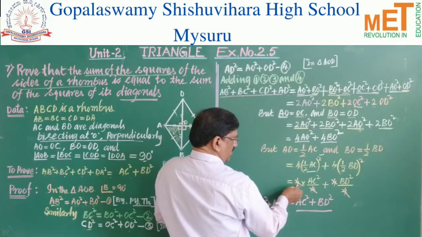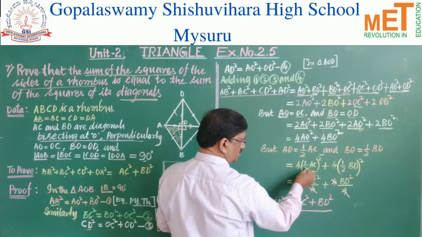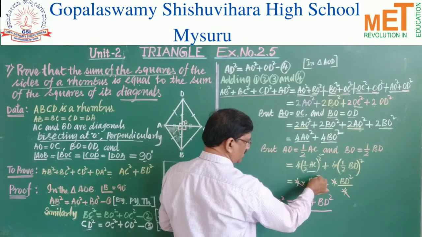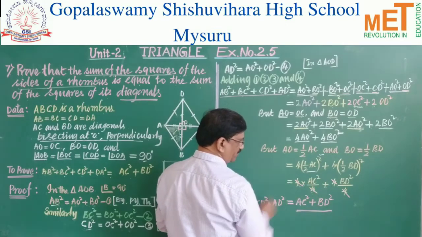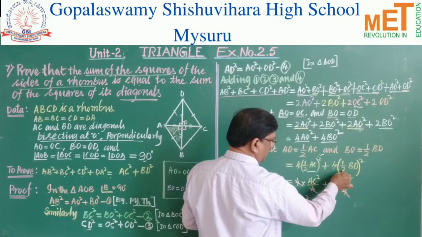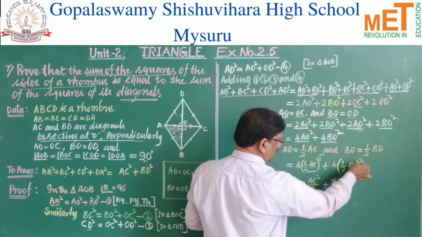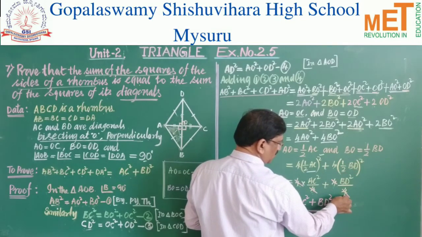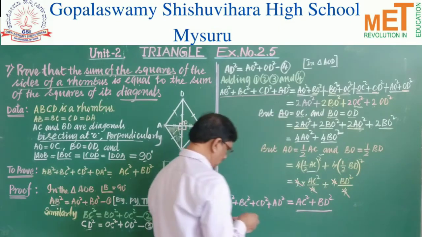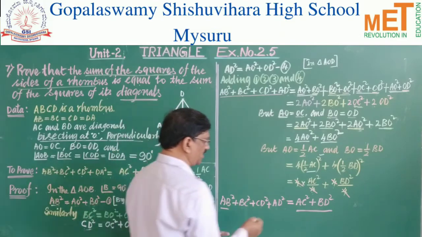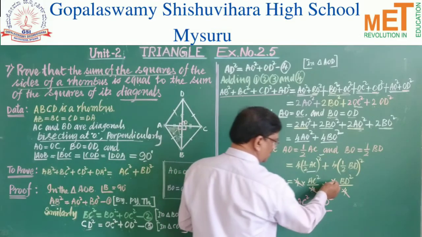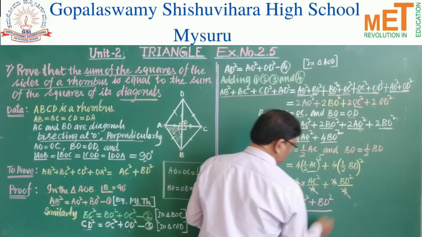So keeping 4 as such, apply square to half of AC, then it becomes AC square divided by 4, plus here keeping 4 as such, 1 by 2 BD whole square, that is BD square by 4. Here you see in the numerator and denominator the 4 and 4 get cancelled. Here also 4 and 4 get cancelled.